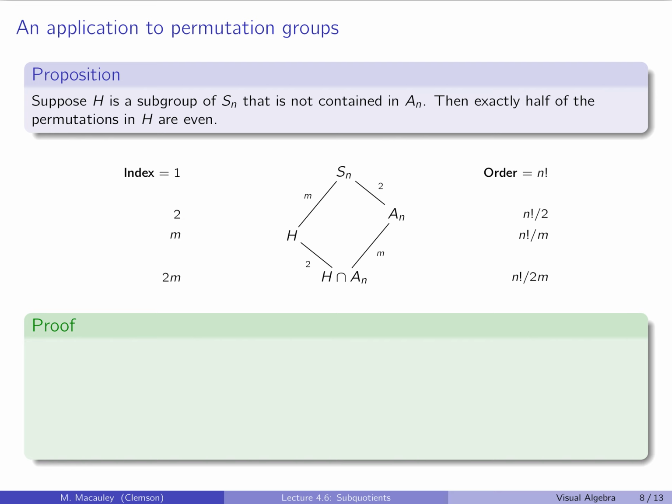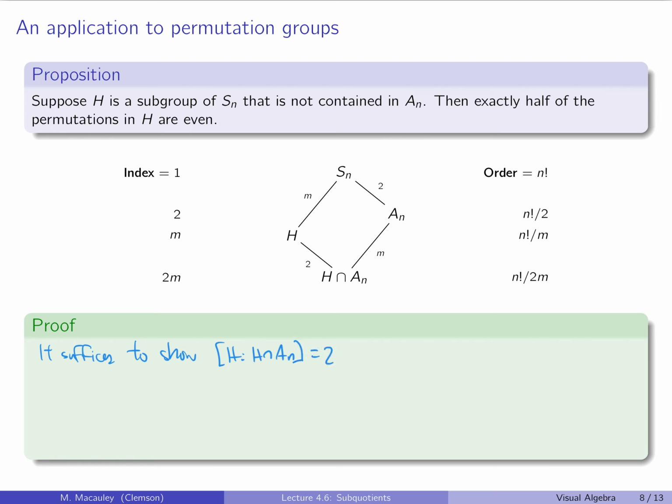I think I basically talked our way through it, but it suffices to show that the index of H intersect An in H is 2.